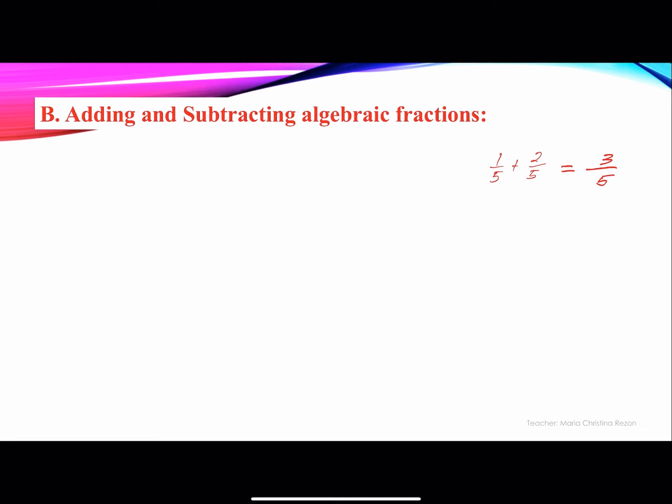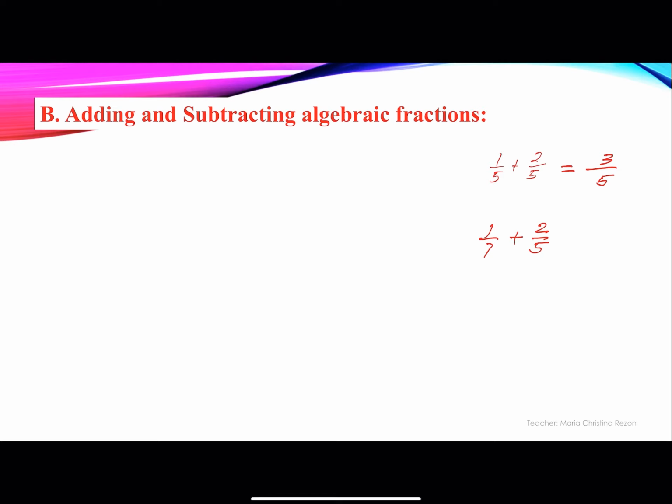But what if you have, say, 1/7 plus 2/5, okay? They don't have the same denominator, and 7 and 5 are relatively prime numbers, so there is no common factor except 1.